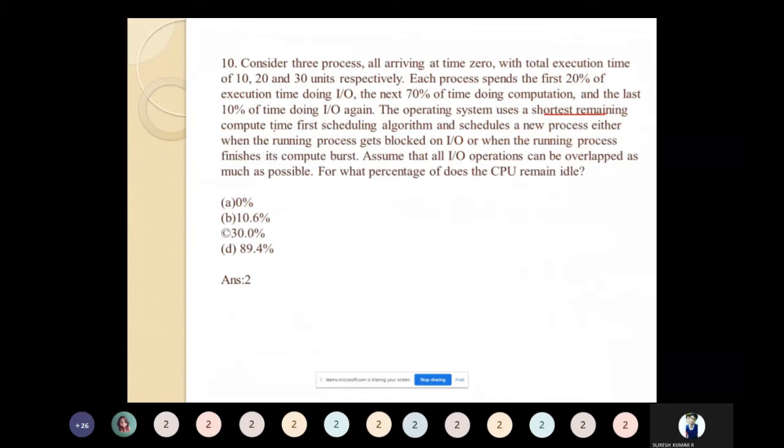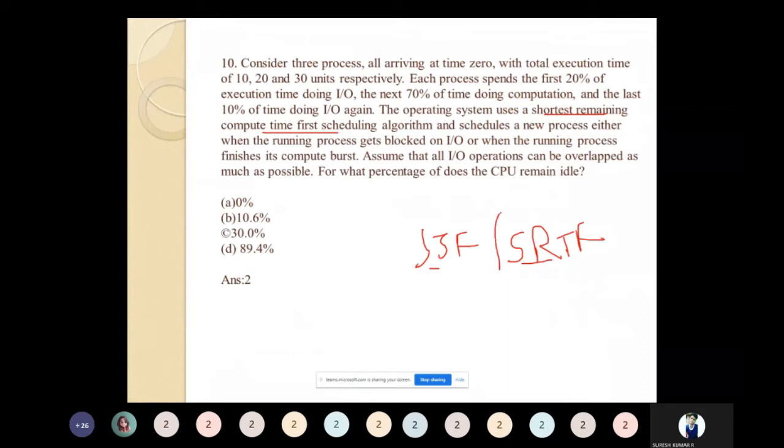There is a small difference between SJF and SRTF. Moreover, both algorithms are the same, with a small change: shortest job first and shortest remaining time first.